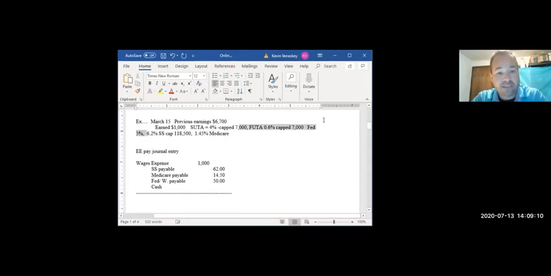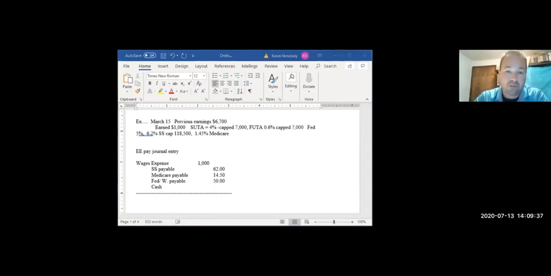5%, I told us for the Fed, or $50, goes into the federal withholdings payable. These are all amounts that I'm going to have to pay to the IRS within probably the next month. And then whatever's left after all the taxes are taken out, that's what I then write a check for to my employee.